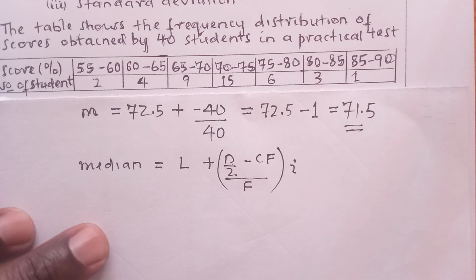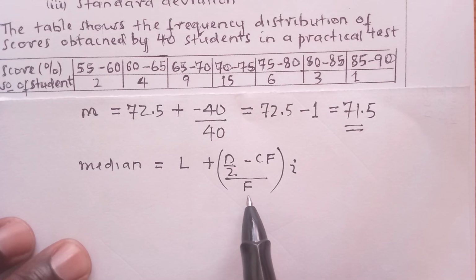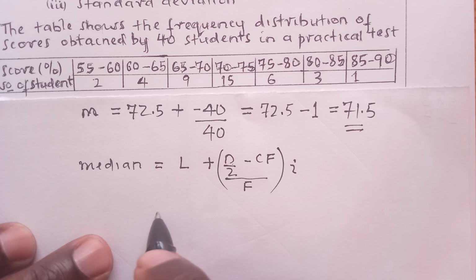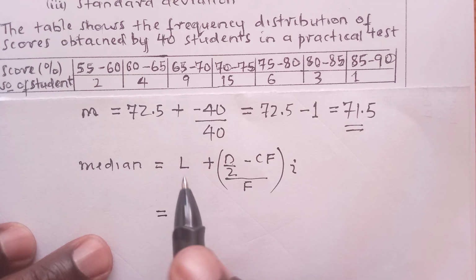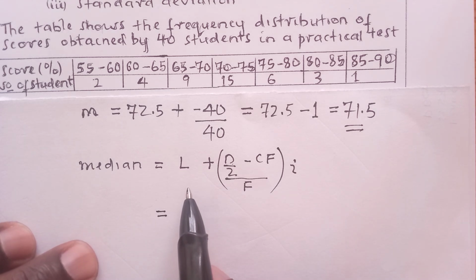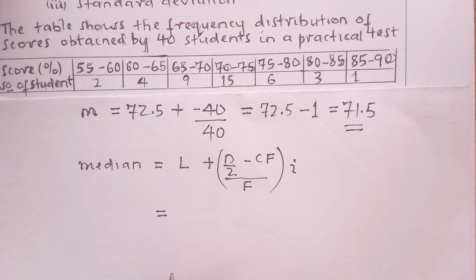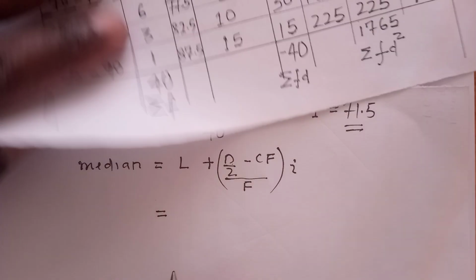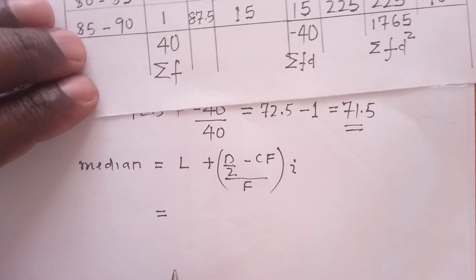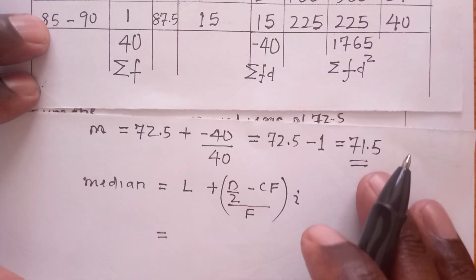So guys, we can use that equation. And so here we come and say this is equal to, we said L is the upper class limit before the middle class.